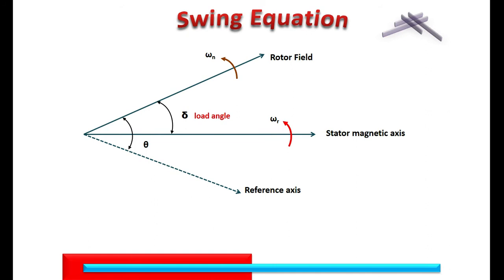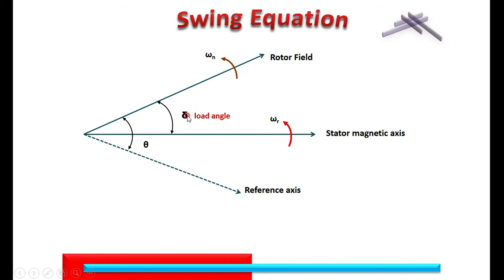In the event of loading, what happens? The rotor either retards or accelerates depending upon the load. The angle between the rotor field and the stator field, which we define here as the load angle, changes because of the change in load condition.